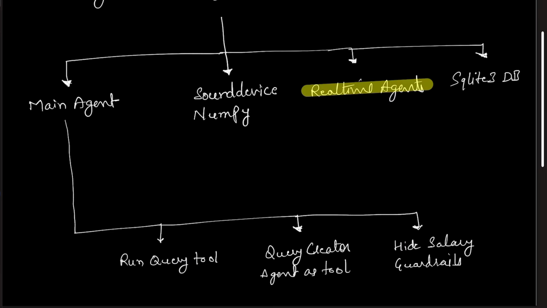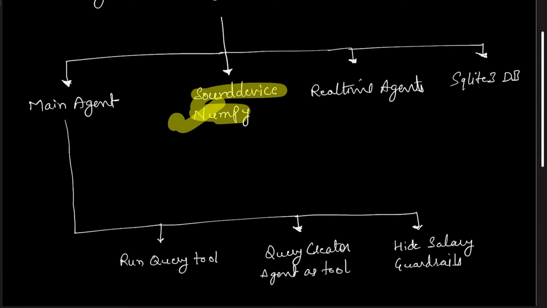But since we are using a terminal to run our Python file, the agent, we need the sound device and NumPy to play the audio coming from the real-time agent, and also to send the audio to the real-time agent whatever we are saying. Both of these things can be done with the sound device and NumPy.